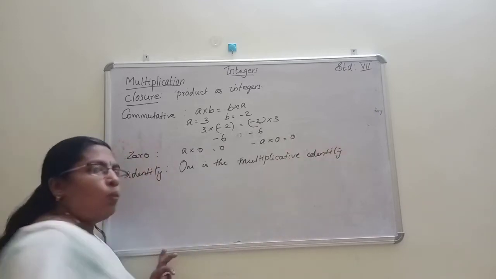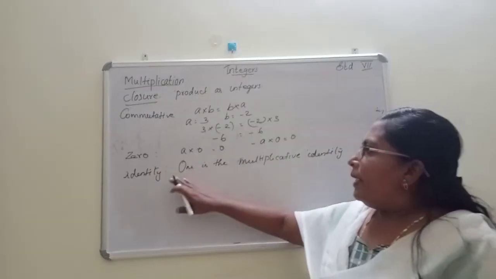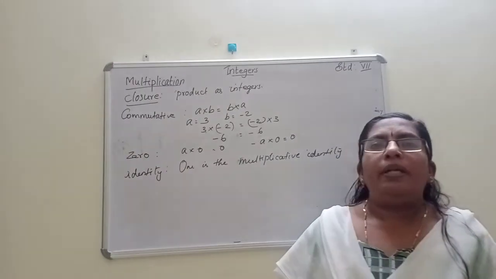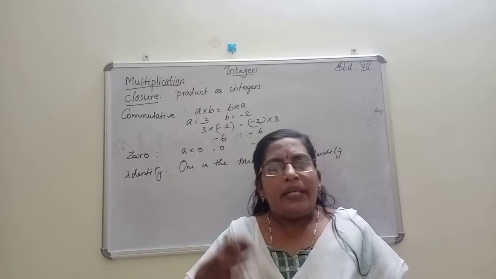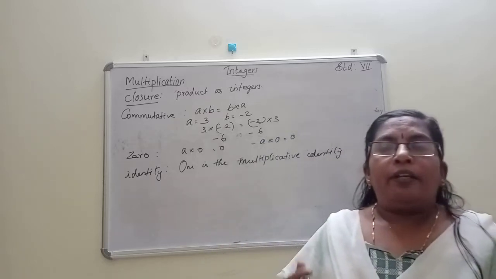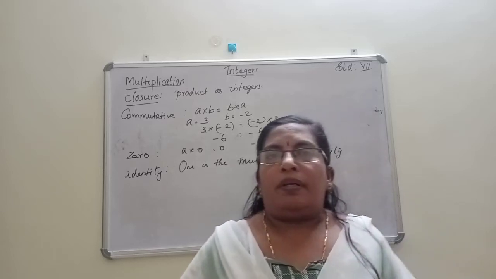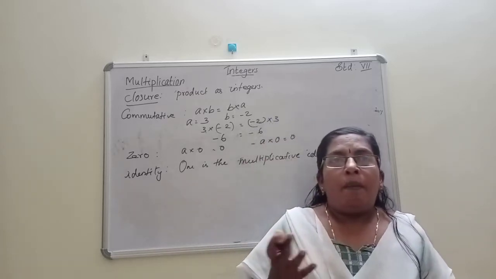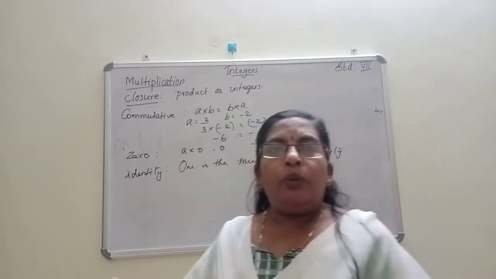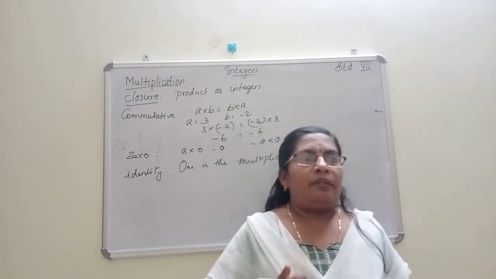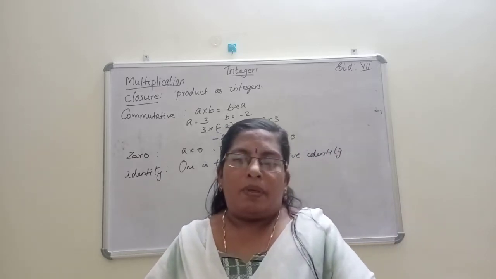In addition, 0 is the additive identity; in multiplication, 1 is the multiplicative identity. When we multiply any number with 1 it gives that number. For example, minus 5 into 1 gives minus 5, 10 into 1 gives 10. So any number multiplied by 1 gives that number.